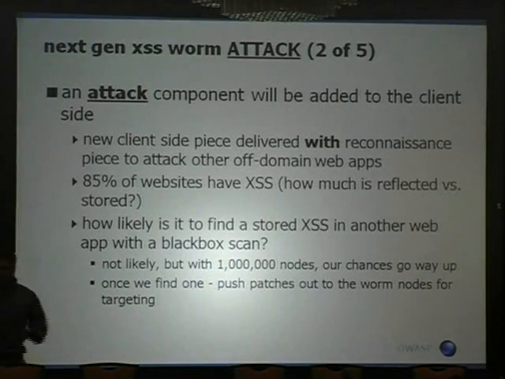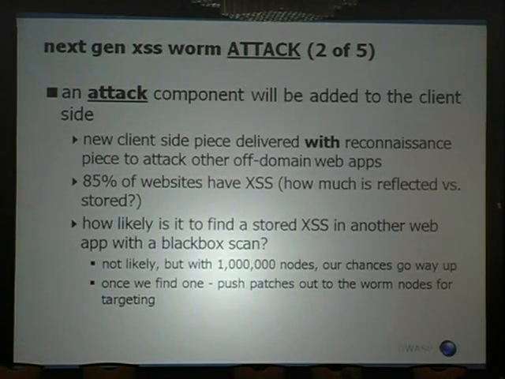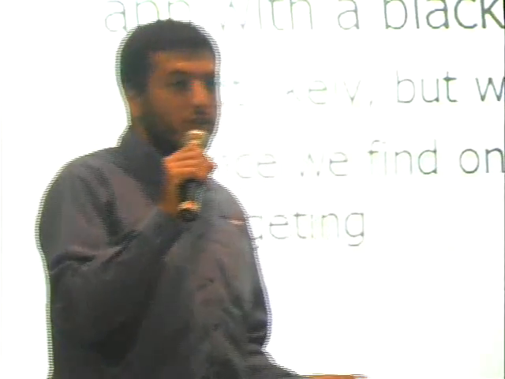So the question becomes, the likelihood that we can actually have a cross-domain jumping cross-site scripting worm is directly tied to how likely it is you can find a stored cross-site scripting attack in a black box scan. I personally couldn't tell you what the odds are because I don't work for a black box scanning company, but I have a feeling at least their marketing people would tell you it's pretty possible.